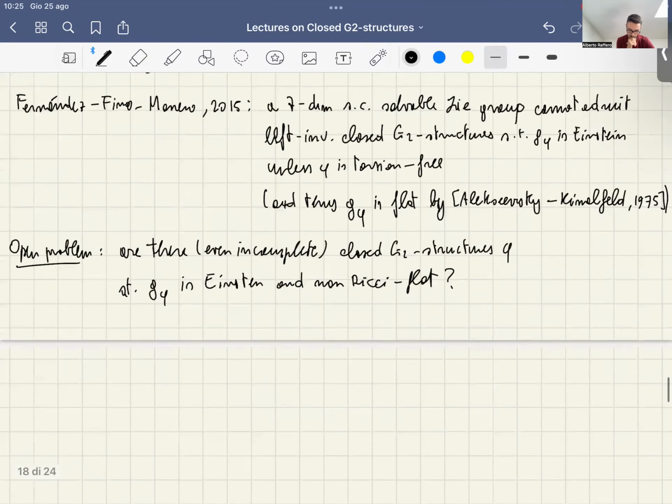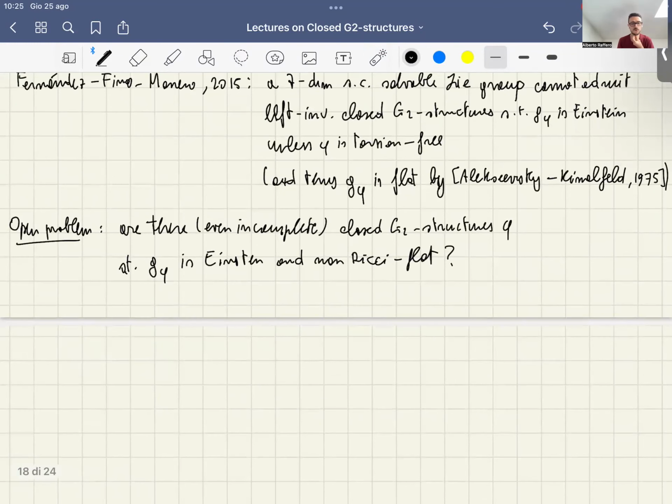And as a last remark, let me also recall that Bryant proved that on a compact manifold with a closed G2 structure phi, you have an inequality involving the integrals of the scalar curvature and the norm of the Ricci tensor.